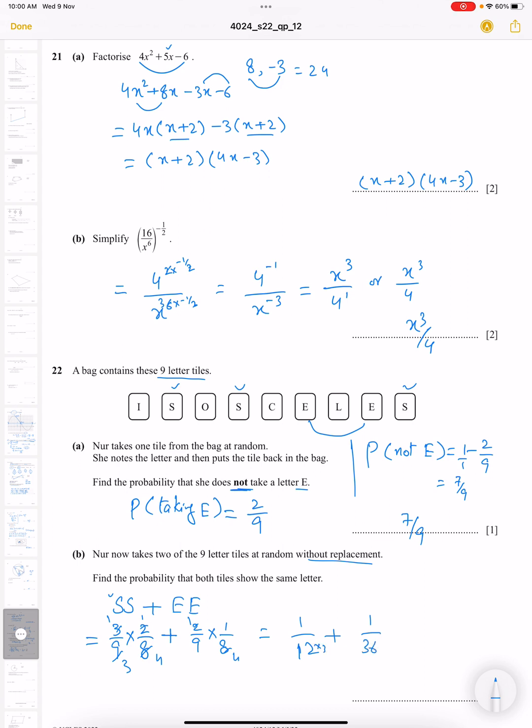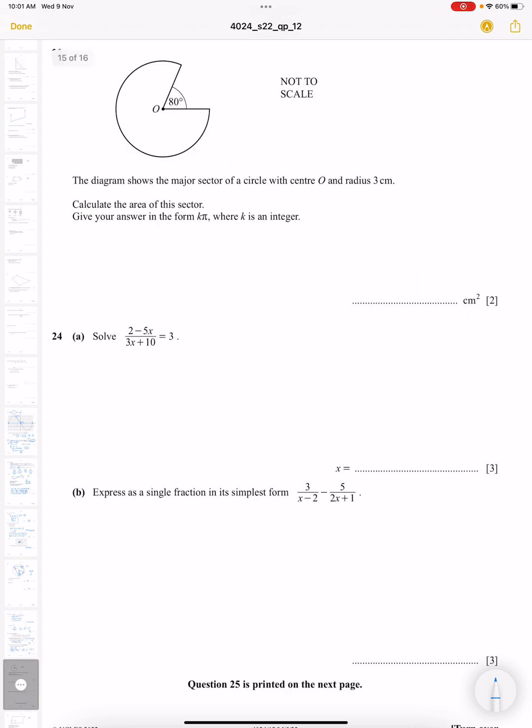Simplify them, multiply it with 3, so we get 3 plus 1, that makes it 4 by 36 or 1 by 9. So that's the probability, 1 by 9.